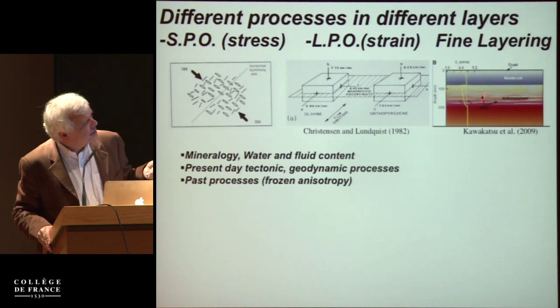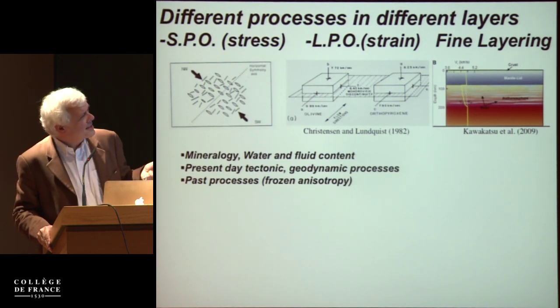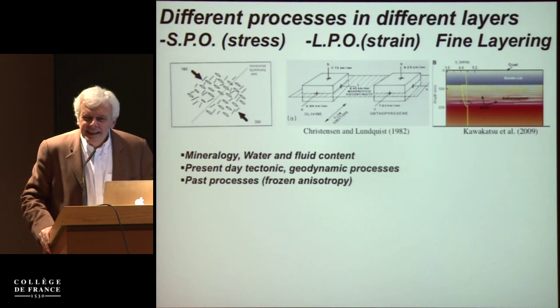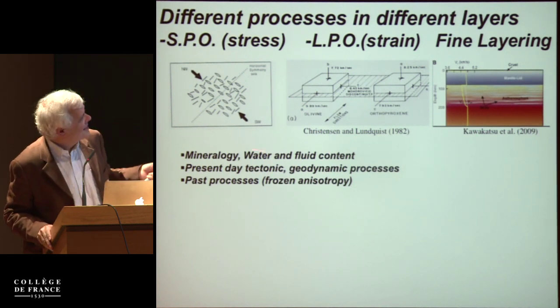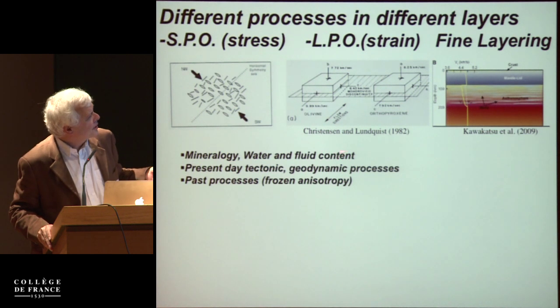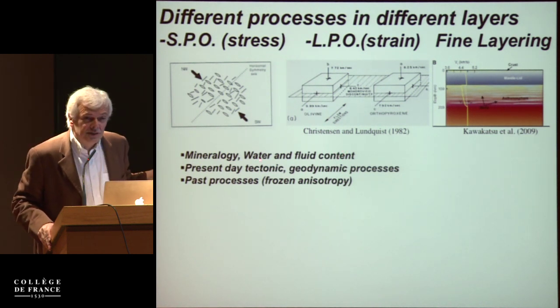It was demonstrated that this kind of stratification can give the correct amplitude for the difference between VSH and VSV, which is related to the radial anisotropy. So we have 3 processes, and we can even add some complexity if we take account of the fluid content, for example.